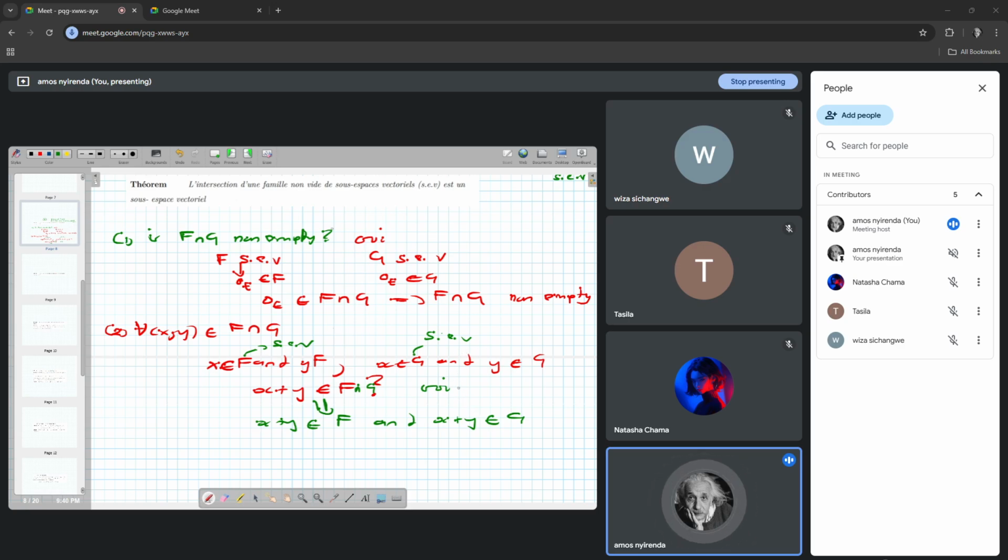We have stability by addition. So x plus y is in F and x plus y is in G. This implies that x plus y is in the intersection F intersection G.